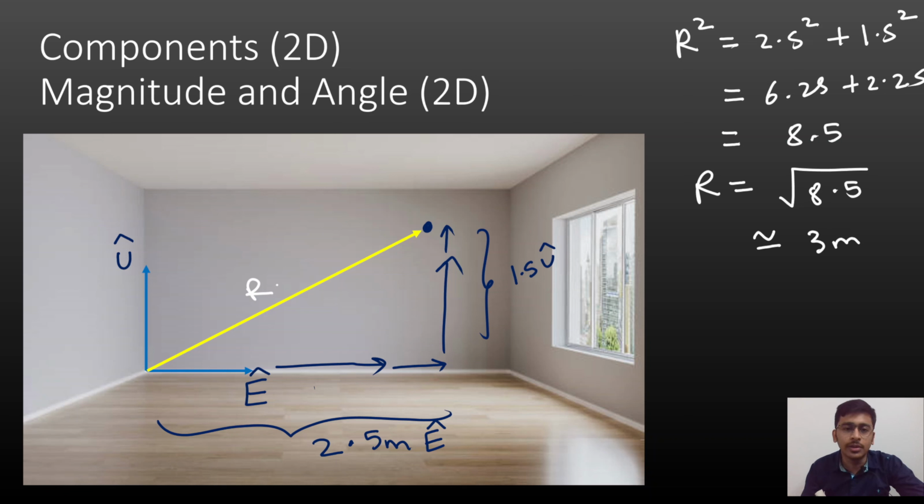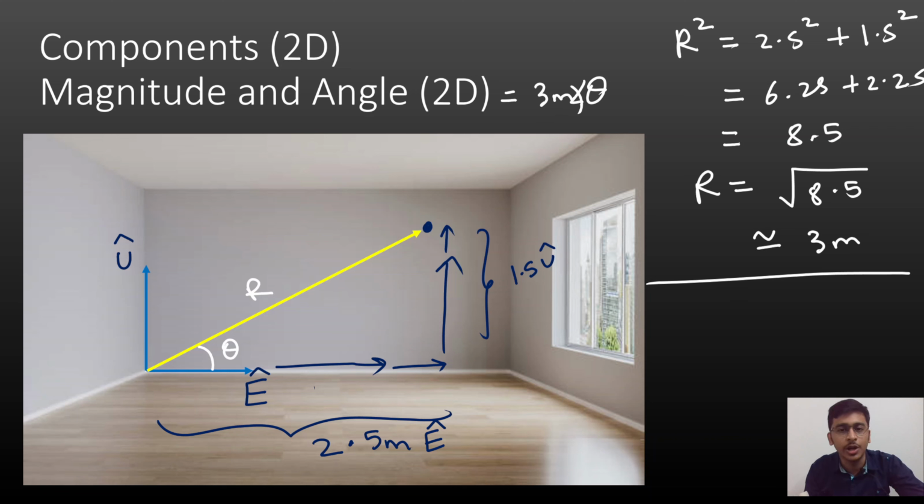So basically what we have done is r represents the magnitude, 3 meters, and let's say this angle is theta. So I can say that the fly is at an angle theta and 3 meters away from this reference point, the origin. The magnitude angle form can be written as 3 meters in theta direction, or theta angle.